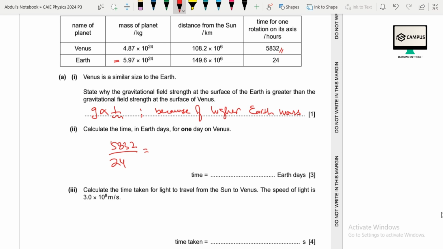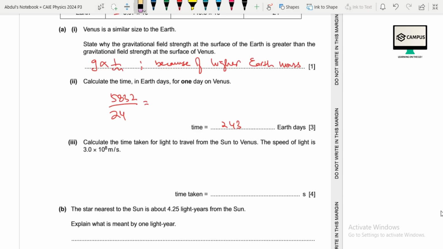So 5832 divided by 24 gives us 243 Earth days. So one day on Venus is equal to 243 Earth days.